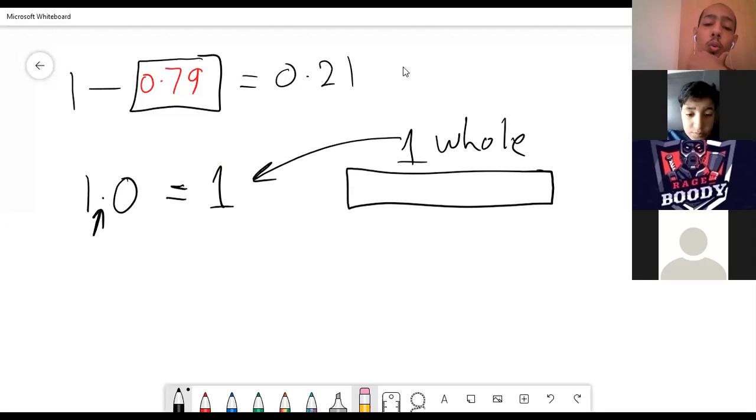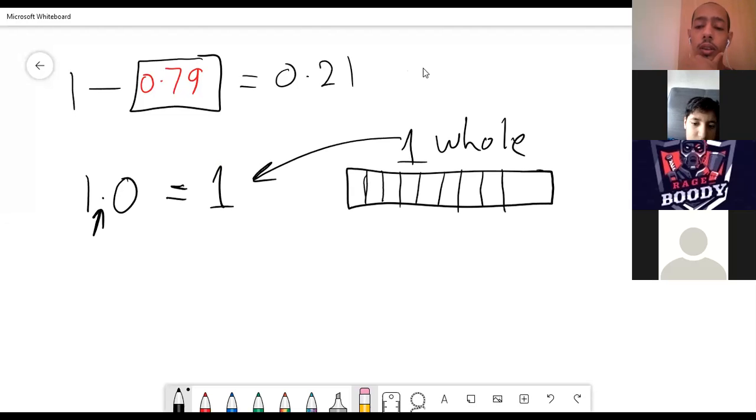So when you divide this 1 into 10 parts, 1, 2, 3, 4, 5, 6, 7, 8, 9, 10, each part is going to represent 0.1, right? But the whole is 1.